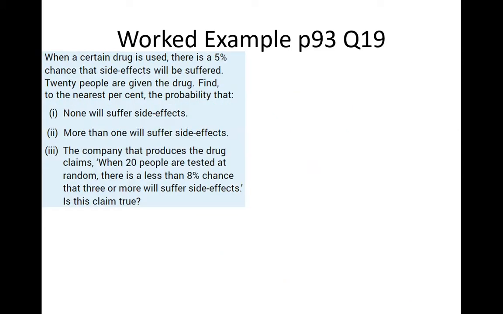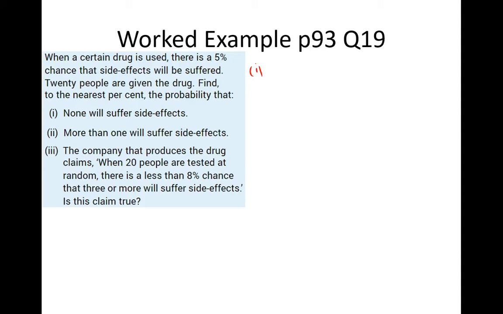Next one. When a certain drug is used, there is a 5% chance that the side effects will be suffered. 20 people are given the drug. Find to the nearest percent the probability that none will suffer side effects. Now, none will suffer side effects. Okay, so what does that mean? First of all, is this a binomial distribution? Is this a Bernoulli trial?